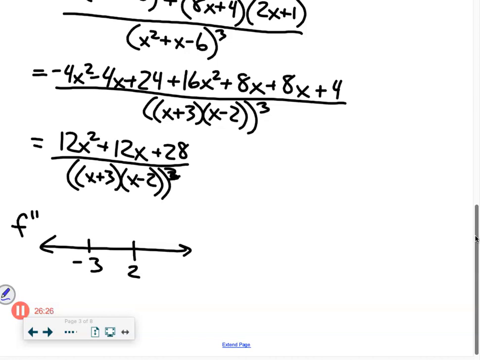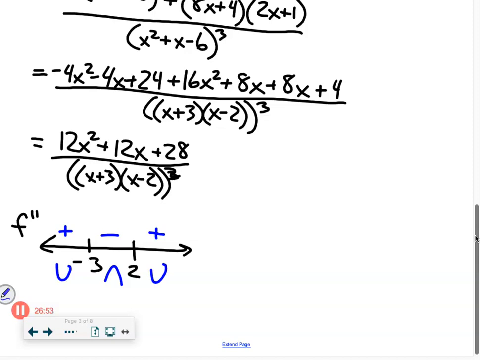All right. So, if we pick like a 0, we get positive on top and negative on the bottom. So positive times a negative is a negative. So we are negative, and since we're alternating, we can go like that. So we are concave up, down, up.